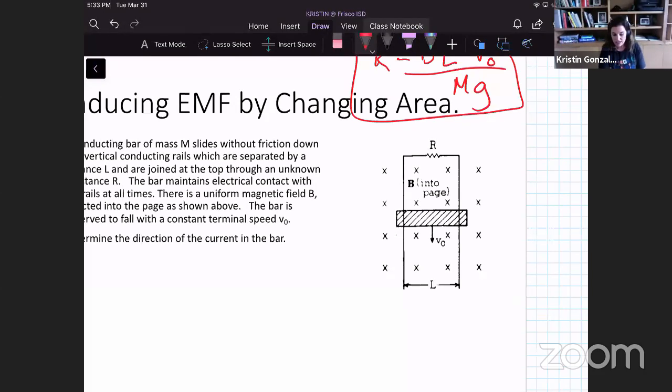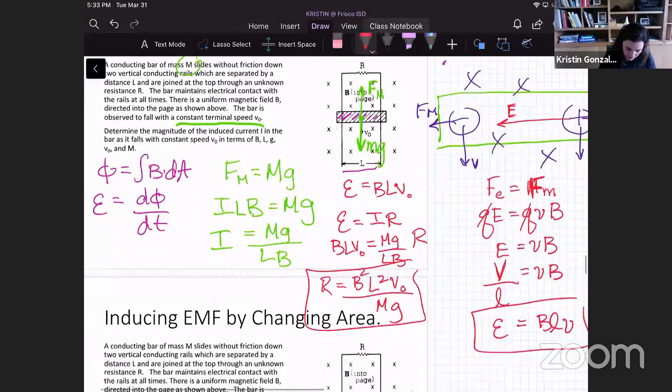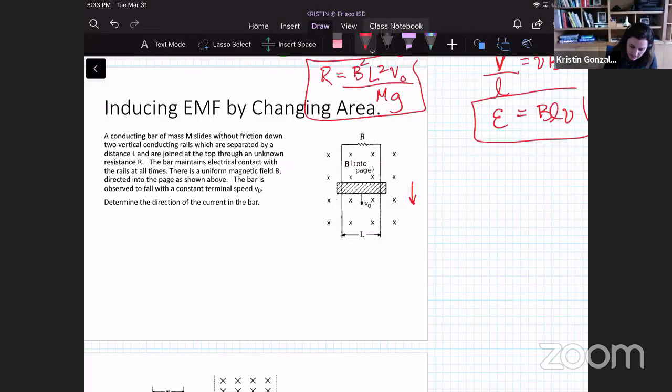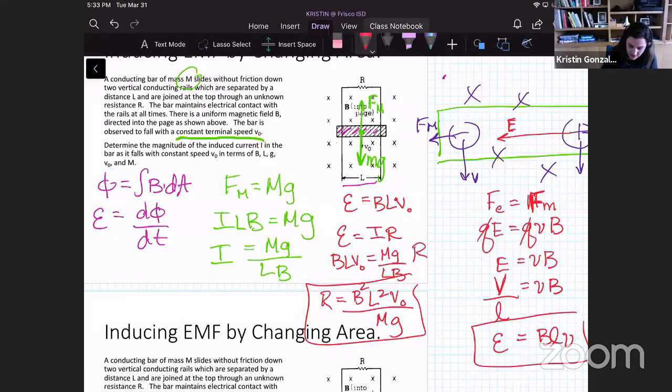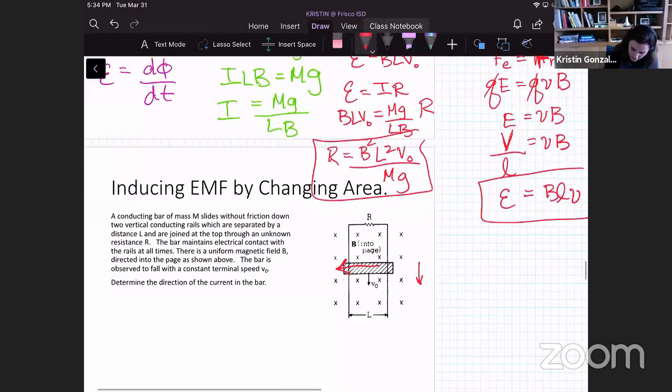Well, if I look at these charges and I want to know if this is moving down here and those charges are being forced through, which way would that current have to be? So if it's maintaining that constant velocity and I know that that force has to be upwards, then we can say that if the force is up on that moving bar, then the current has to be going around through it this way.